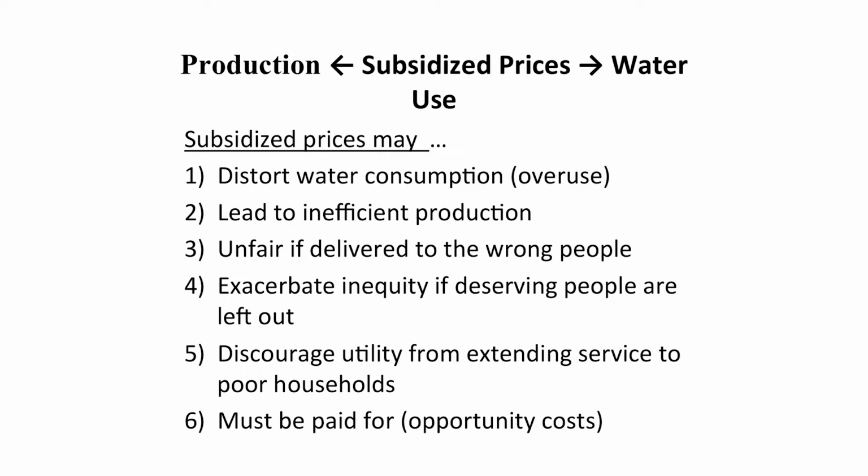Fourth, if the subsidy scheme does not reach poor households, it may exacerbate income inequality, not reduce it. Fifth, in many low-income countries, the very poor are not connected to the piped water distribution system anyway, so they cannot receive subsidized water delivered to households with pipe connections. So the first step in helping unconnected poor households is to get them connected.